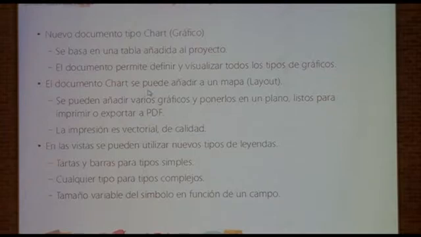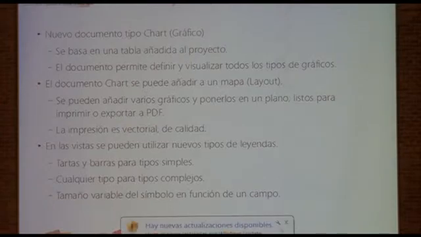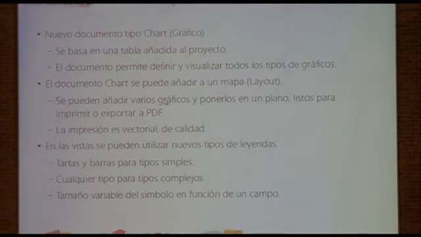The document is based on a table that you have added to the project, maybe an attribute table of a layer, or maybe a DBF or something you've added in a database. This chart document can be added to a map.